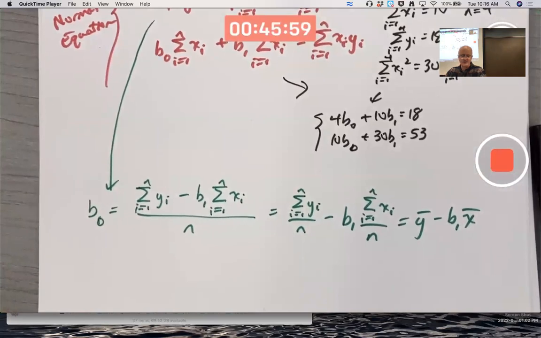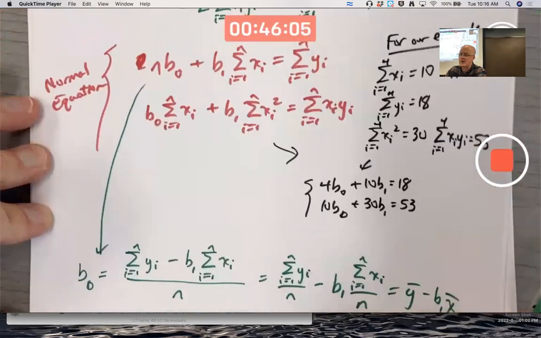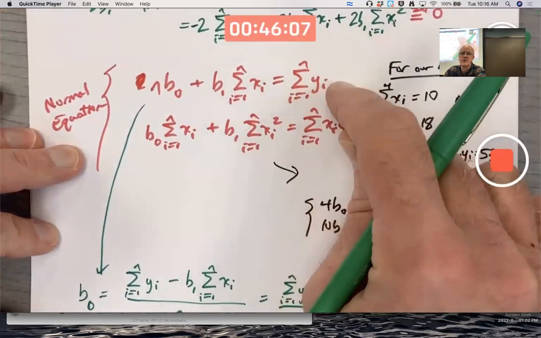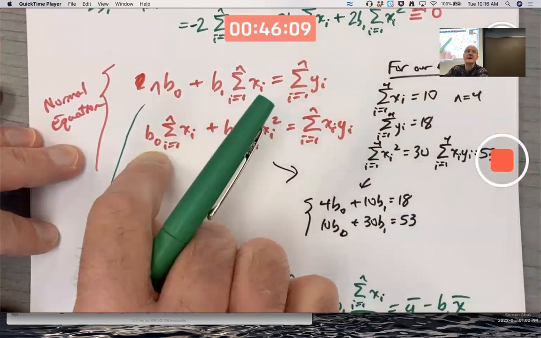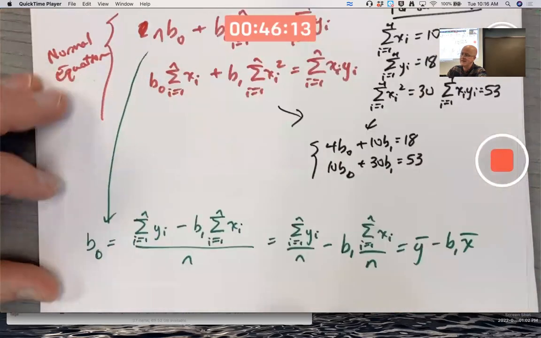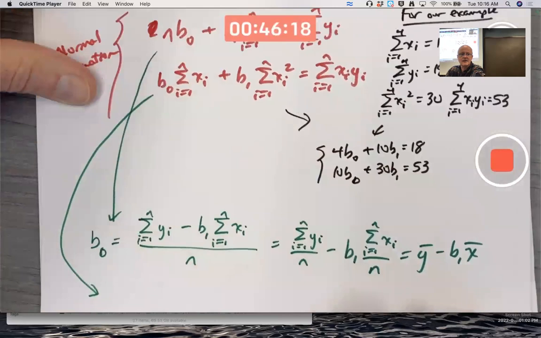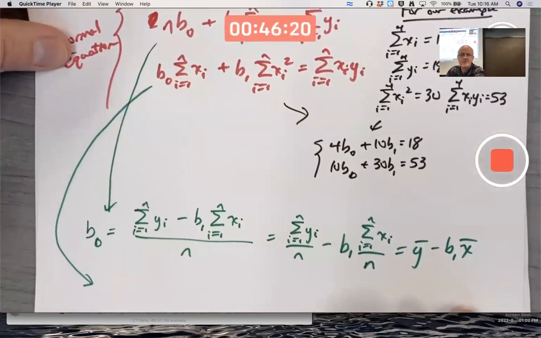What about B1? What do you do when you do the substitution method for solving? If you solve this equation for B0 in terms of B1, you'd want to then substitute that into the second equation in place of the B0. In place of B0, I could put any of these 3.